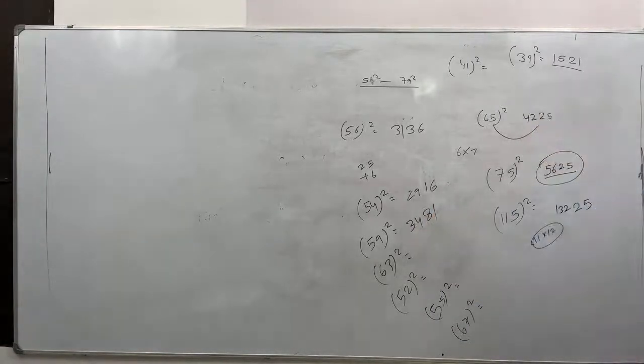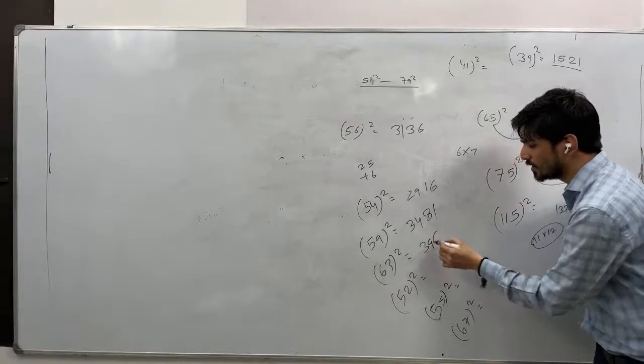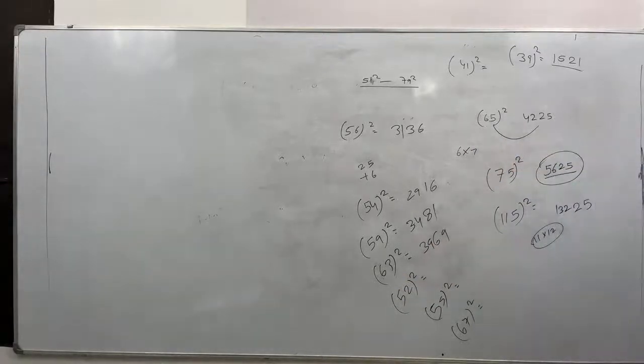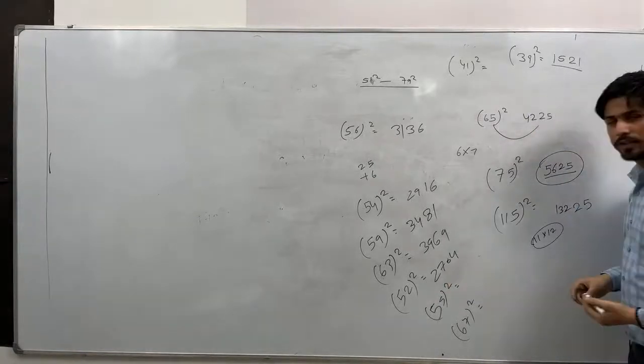Very good. 63: the difference is 13, 13 square is 169, 1 will be carry. Then 25 plus 13 is 38, plus 1 is 39. 52 square is 2704. Very good.